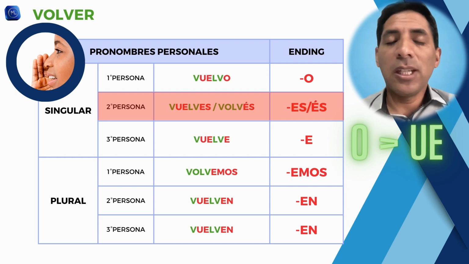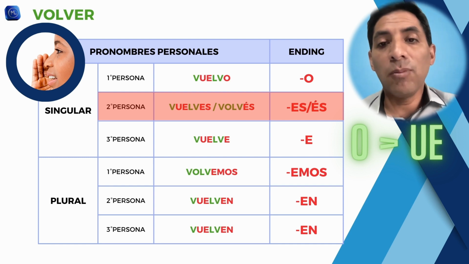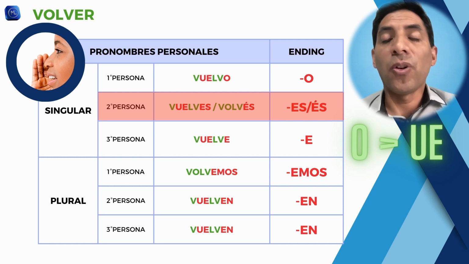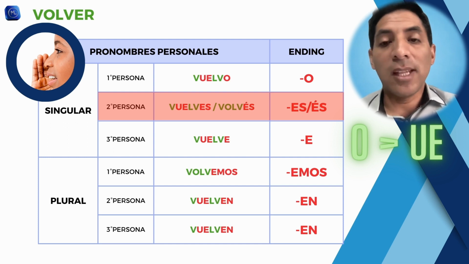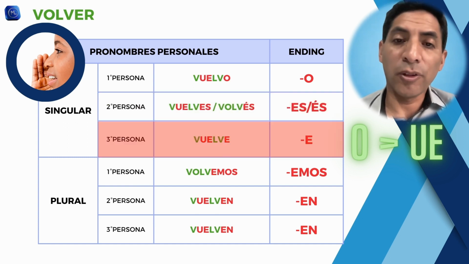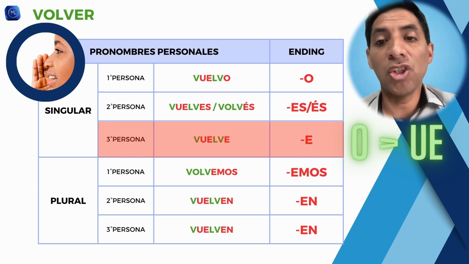But if we use the Argentinian version, that would be vos volvés. So with volvés, as we see here in the table, you do not do the change from O to UE. You just say volvés. That's the only weird thing. For the third person singular, he, she, or usted, that would be vuelve.